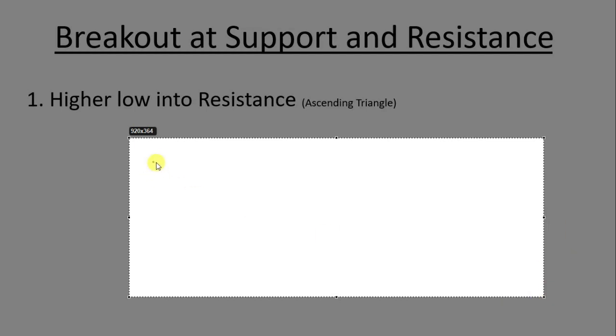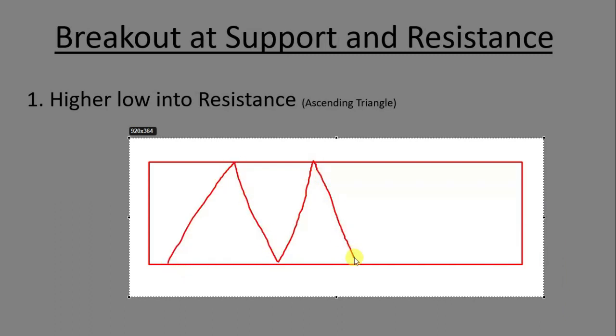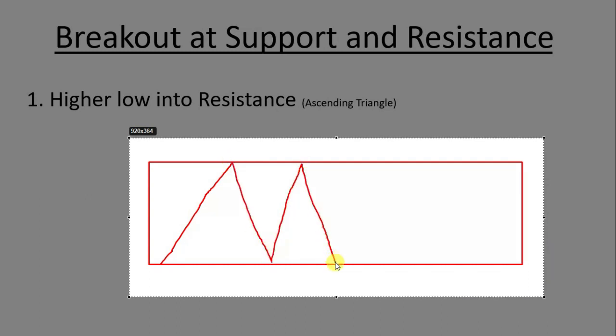Again, this is a support and resistance. The market is moving in this range, something like that. But if you see, this market now is moving like this, and now it's getting a little rejection.